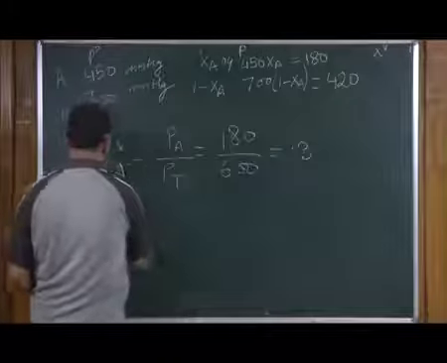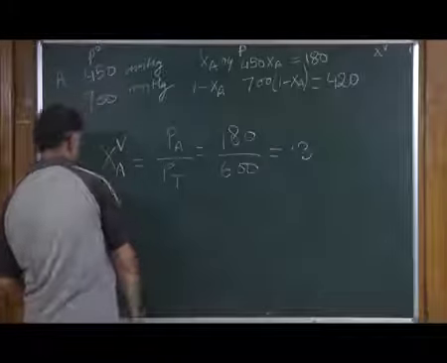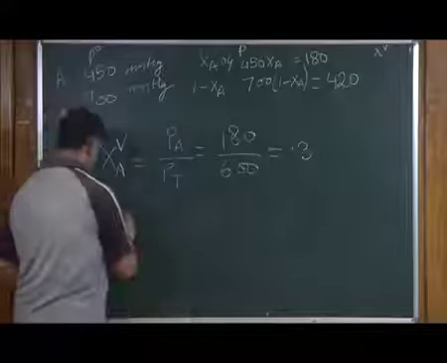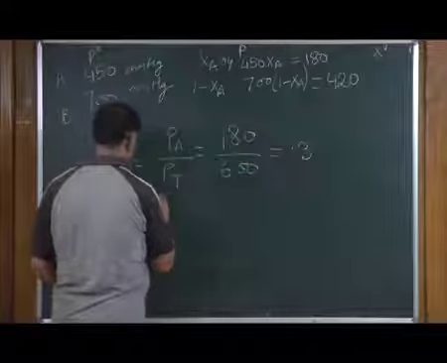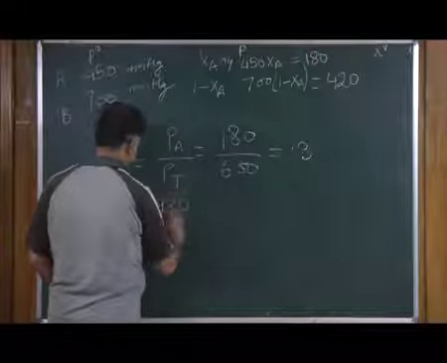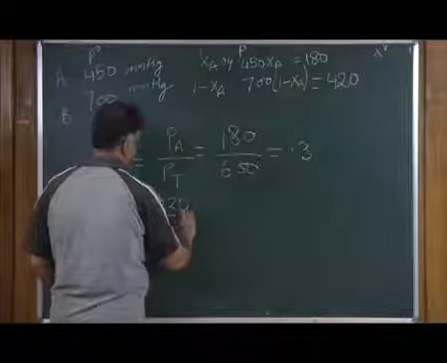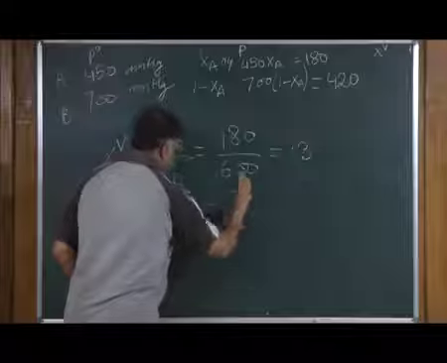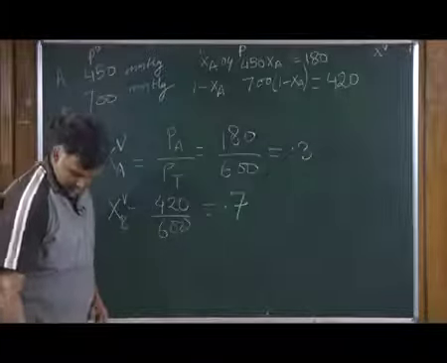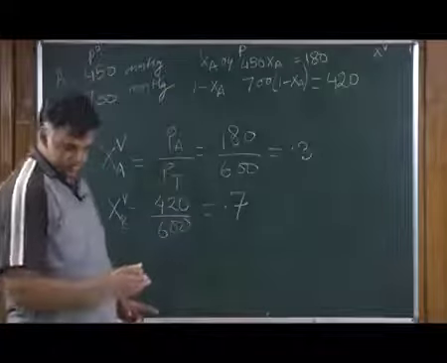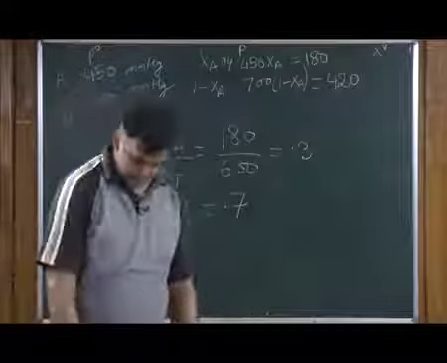I can calculate the mole fraction of B in the vapor phase either by 1 minus 0.3, or I can try this one also just for checking: 420 divided by the total pressure, that is 600. I get the same answer by using both methods, and I have completed this task starting from the very basic principle.